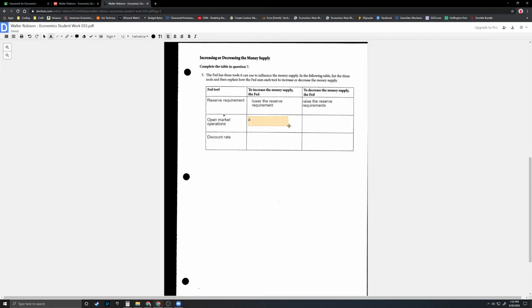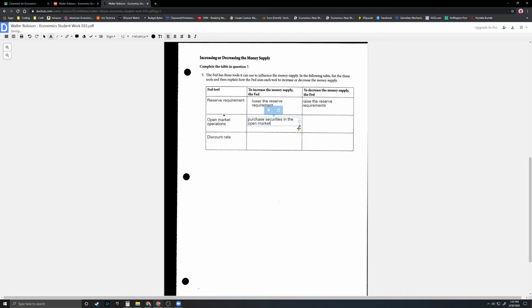All right. What about the open market operations? So they purchase securities in the open market.